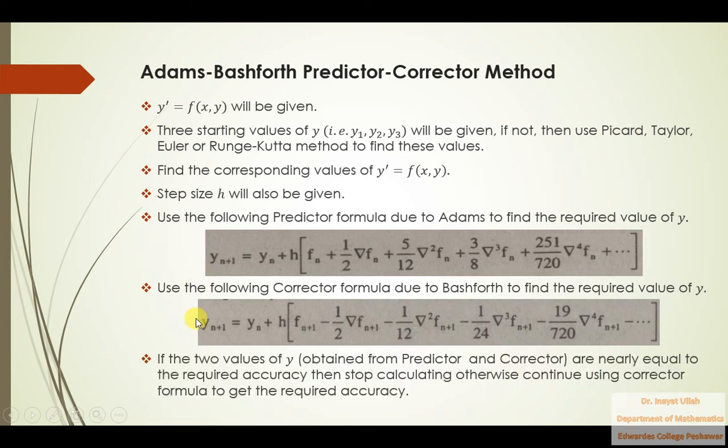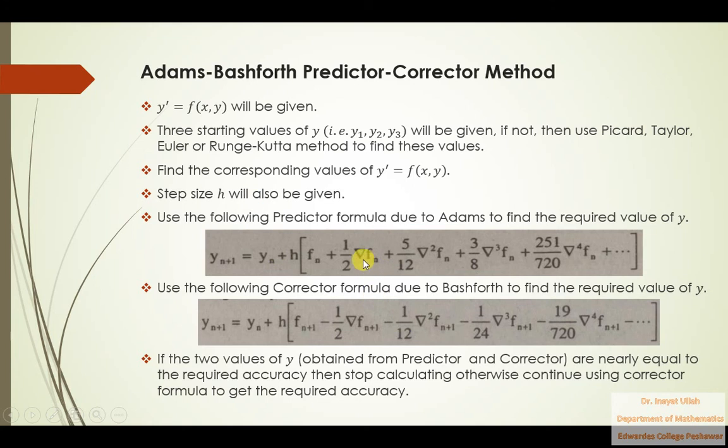Otherwise we will continue using the corrector formula, not the predictor formula, to get the required accuracy. Now how could we use this method to solve a question?